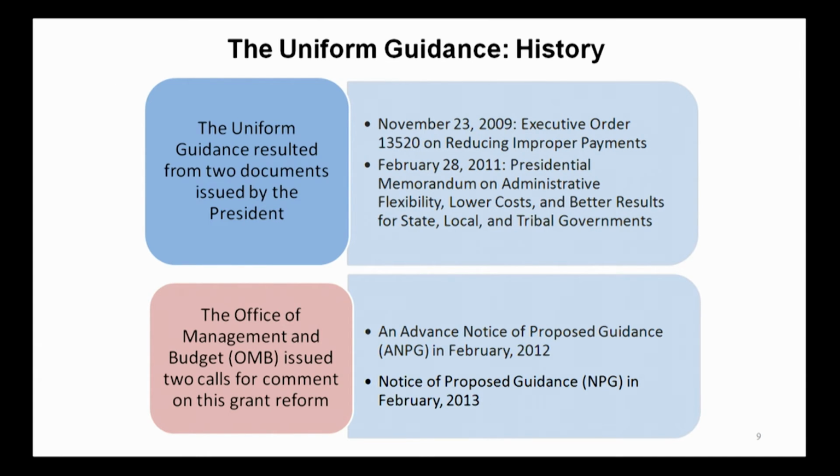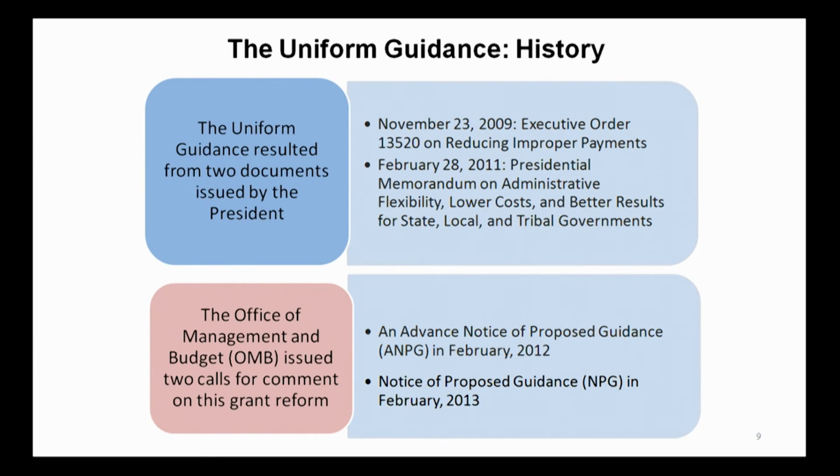Okay, let's take just a quick look at the background. How did this come about? The OMB circulars needed to be updated for a long time, but the process got kicked off by presidential order back in 2009. Then in 2011, there was a more detailed memorandum, which really shows intent about what is the desired outcome for the uniform guidance.